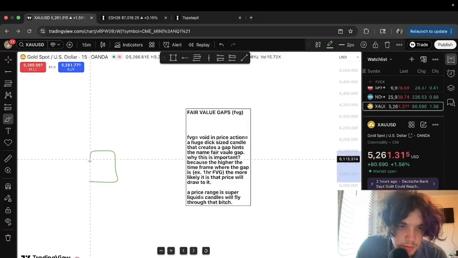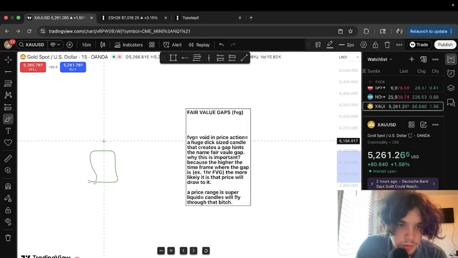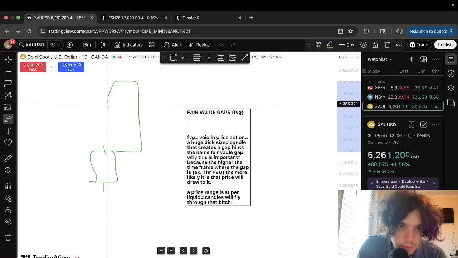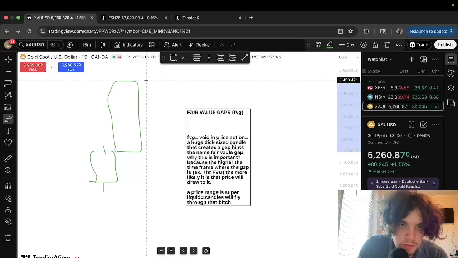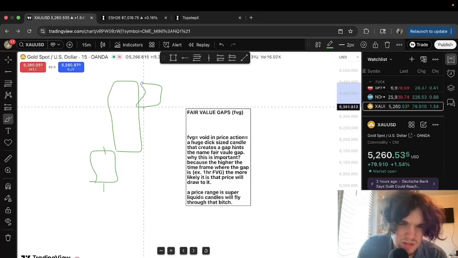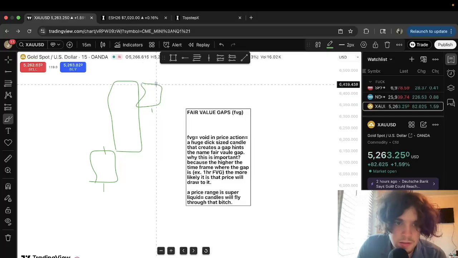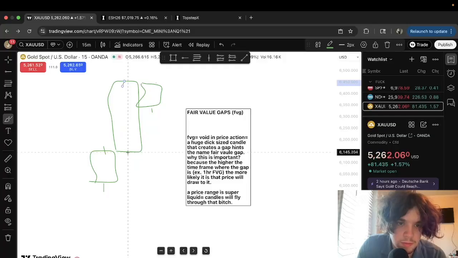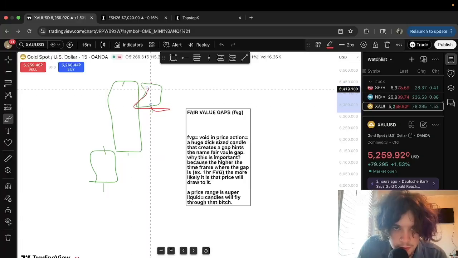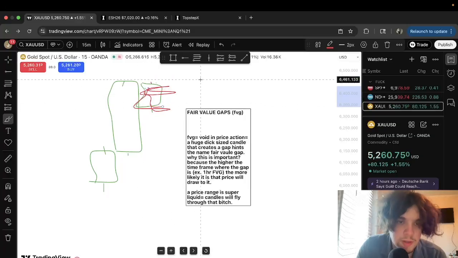So, let's do it like this. You have the first candle, right? Then you have the second candle. Then you have the third candle, right? It's a red candle, of course. So red candle, right?